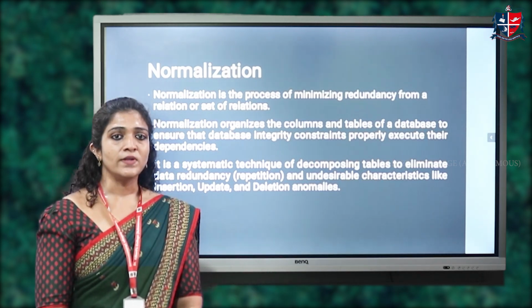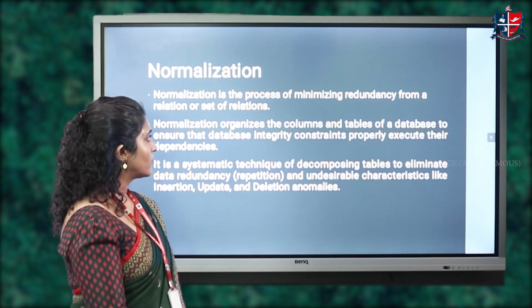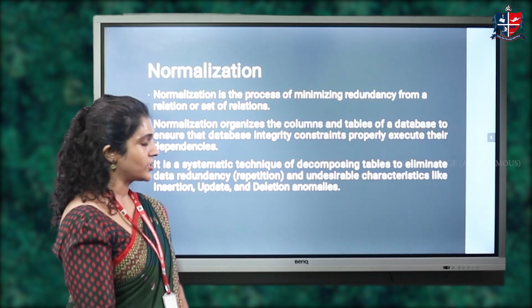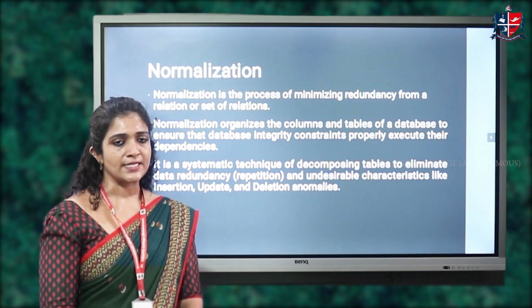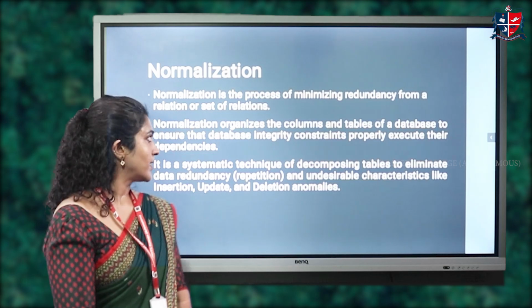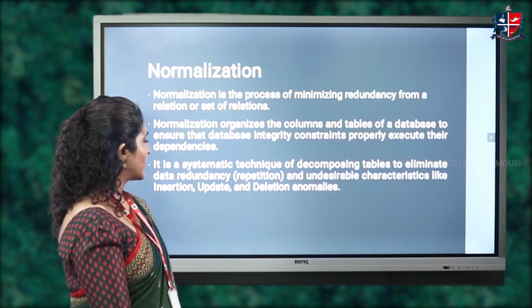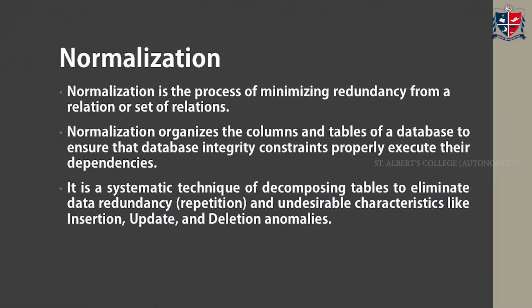First, we'll see the normalization definition. Normalization is the process of minimizing redundancy from a relation or a set of relations. That means normalization will reduce the redundancy of data that is stored in the database. Normalization organizes the columns and tables of a database to ensure that database integrity constraints properly execute their dependencies.